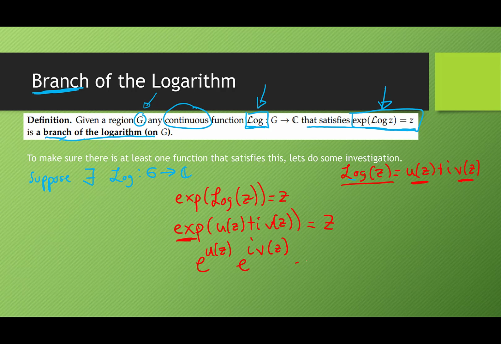And that's still equal to z. Hopefully that makes sense to everyone. That's just using the exponential function that we looked at last time. e to the real part times e to the i times the imaginary part.